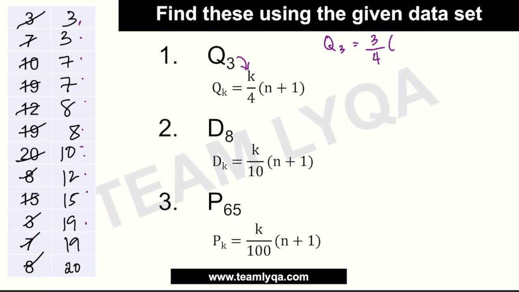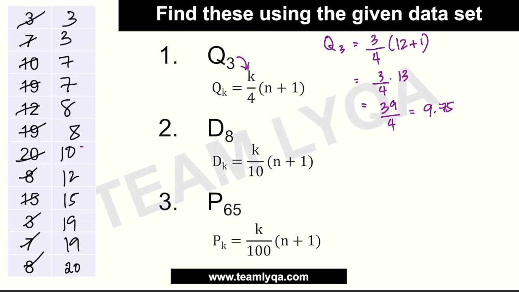So, 12 na numbers yan. So, 12 lang yung gagamitin natin na N. So, 12 plus 1, equal siya sa 3 over 4 times 13. Okay? So this is 39 all over 4, or 39 divided by 4, which is 9.75.